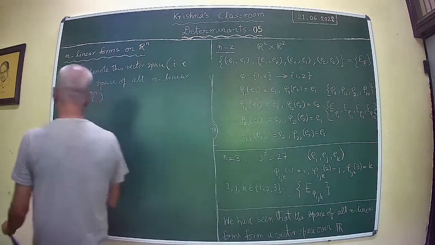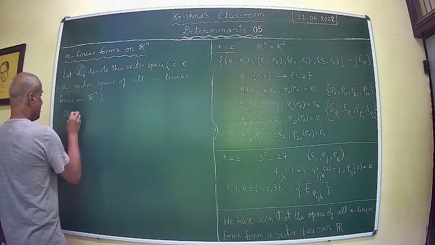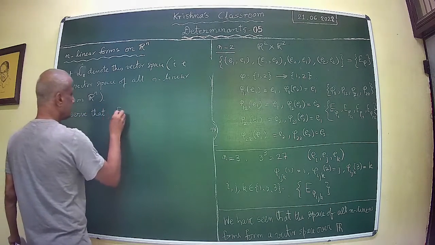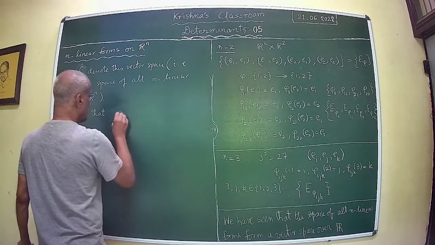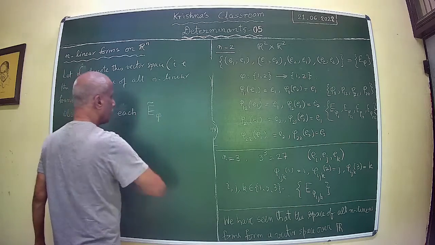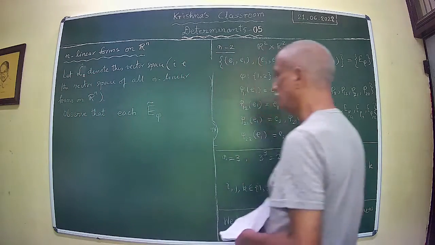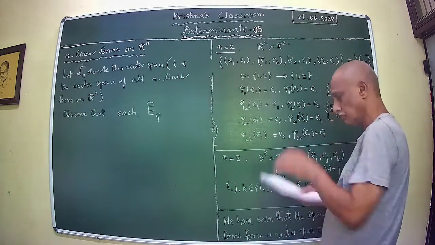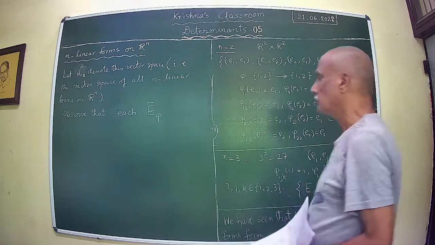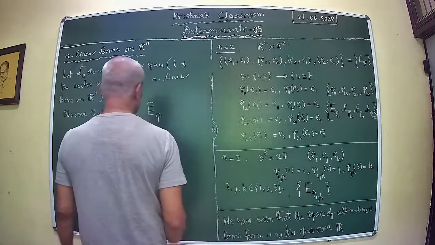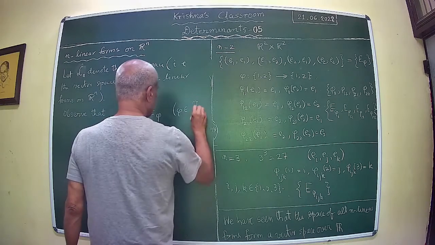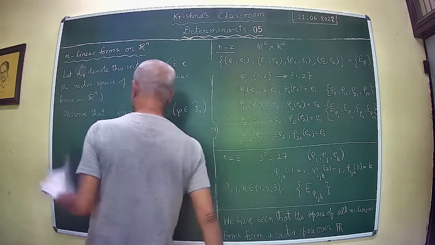Now we observe that each E5 tilde phi belongs to Fn.